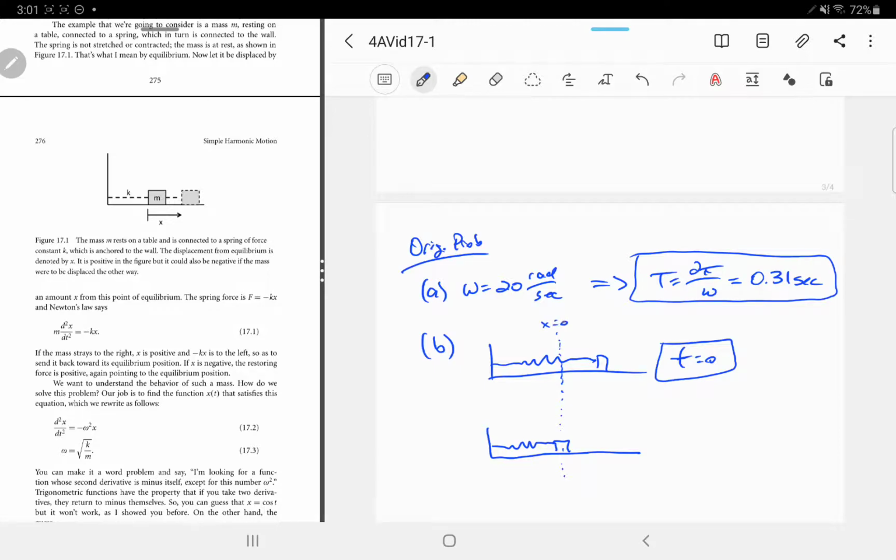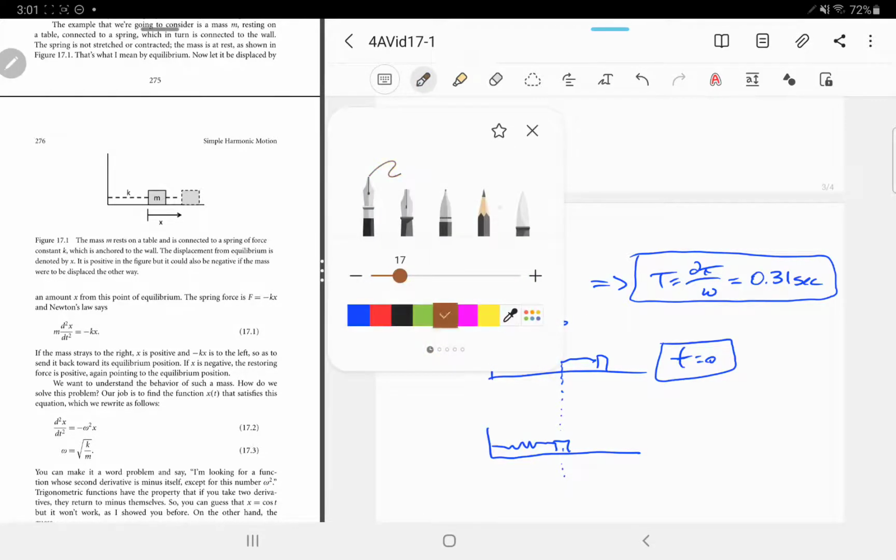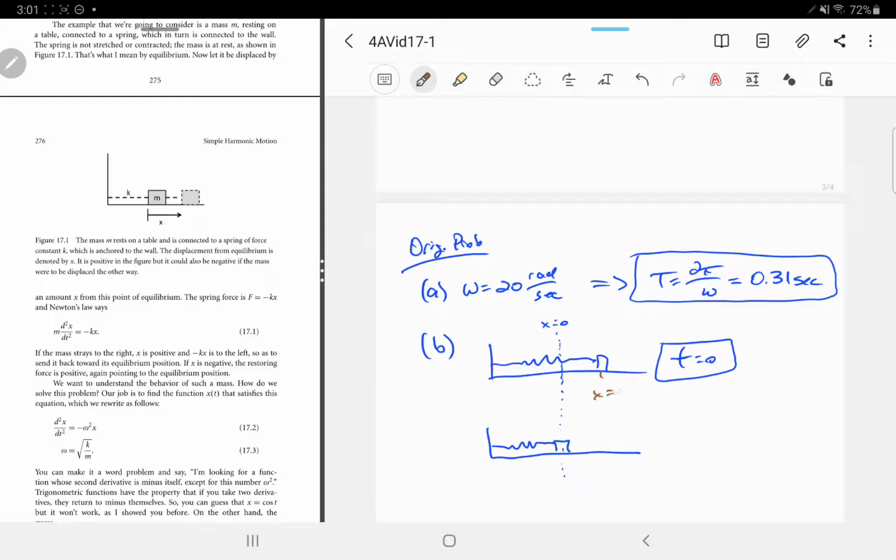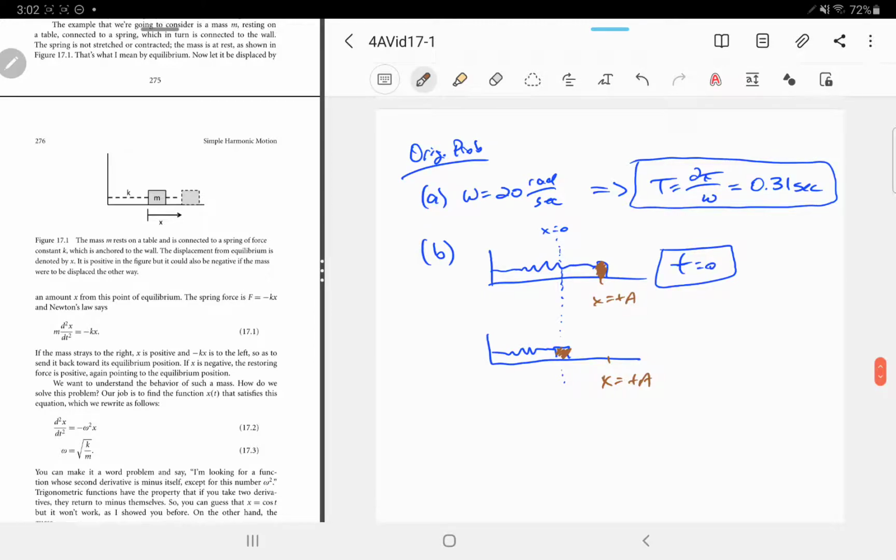And this is the equilibrium position, x equals 0, and then this right here is x equals a. So the block starts off at its maximum amplitude. It goes here after some amount of time. Eventually it goes down to minus a, and then back in the positive direction. So how long does that take?